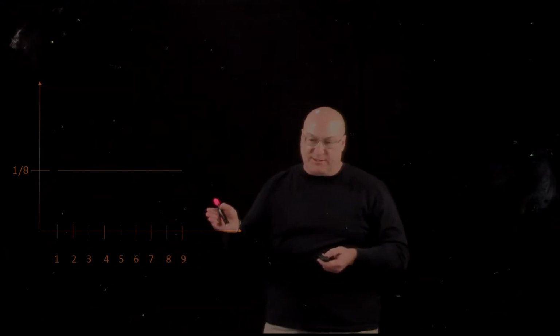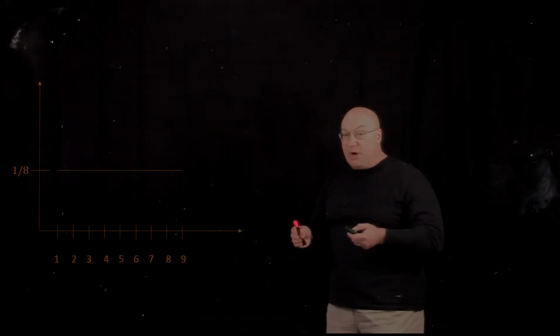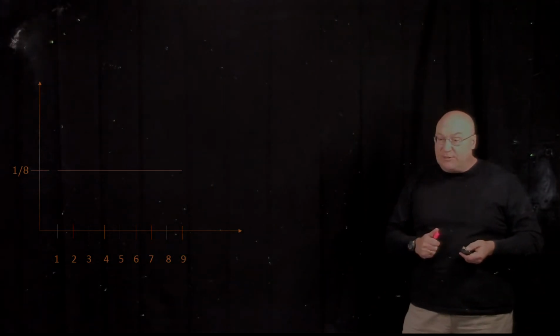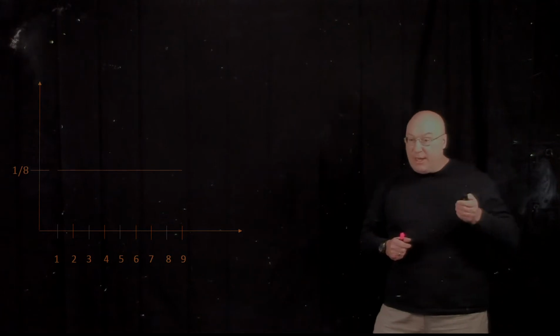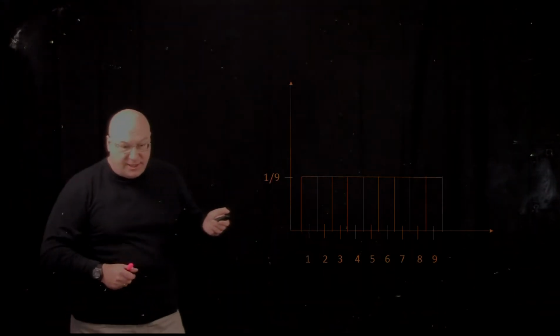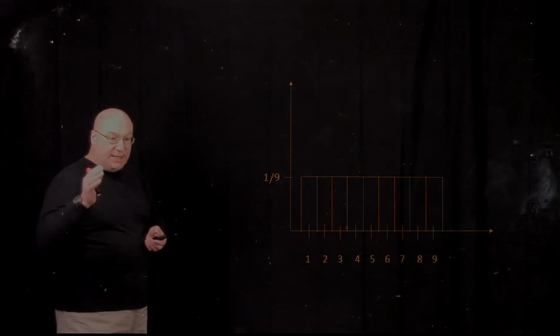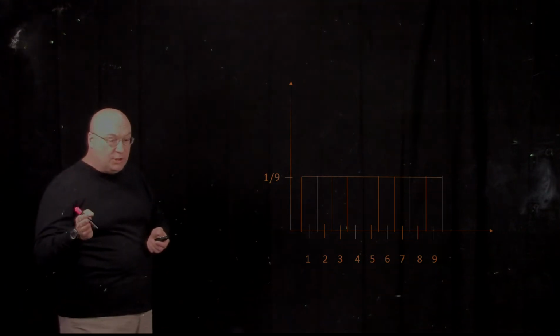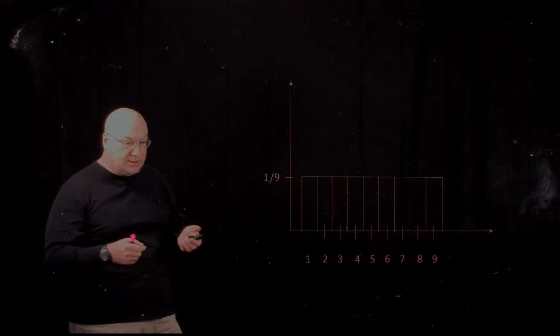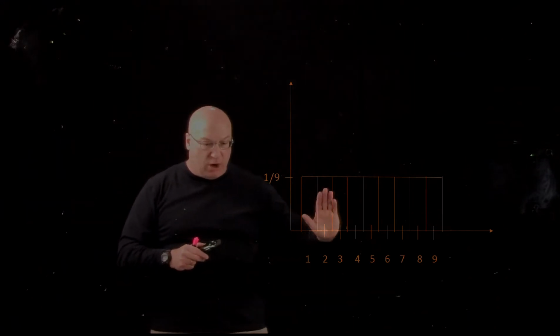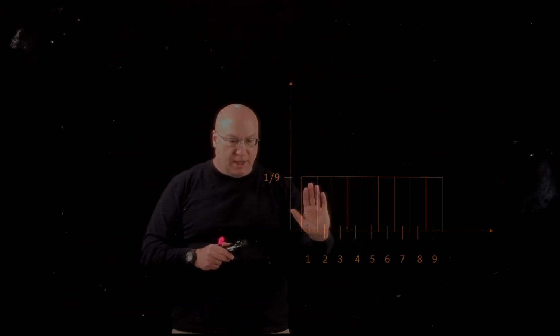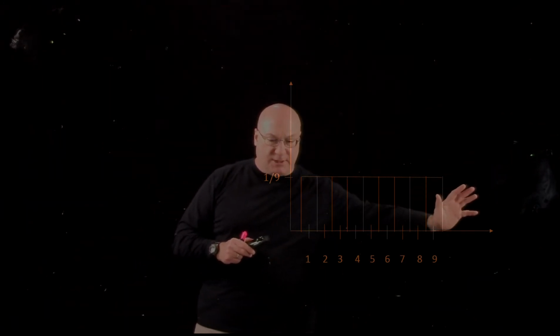Let's see, the probability histogram for y looks a little bit similar, but there are differences. So pause me and try to do the histogram for y if you can. Okay, let me come over here and we'll look at that. It can take on any whole number between 1 through 9, inclusive. So I have the histogram bar above 1, and then 2, and then 3, etc., all the way up to 9.